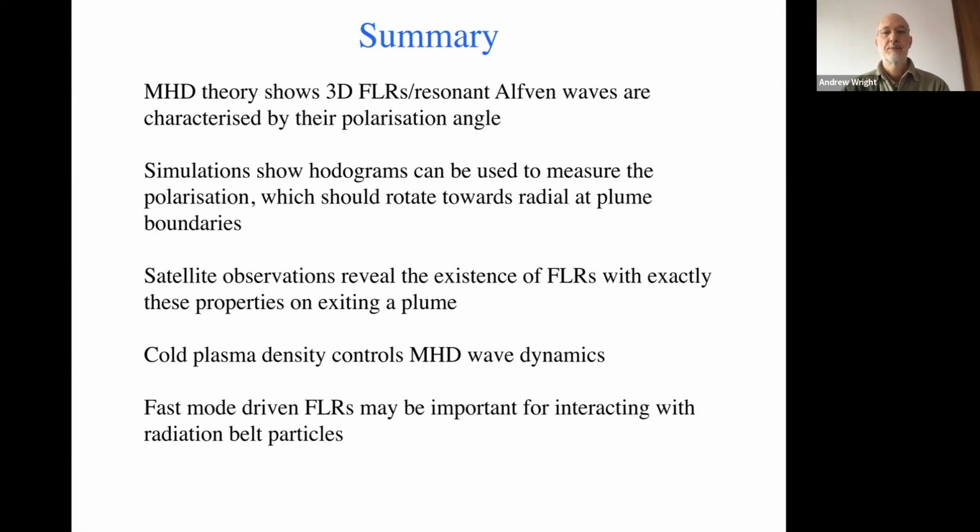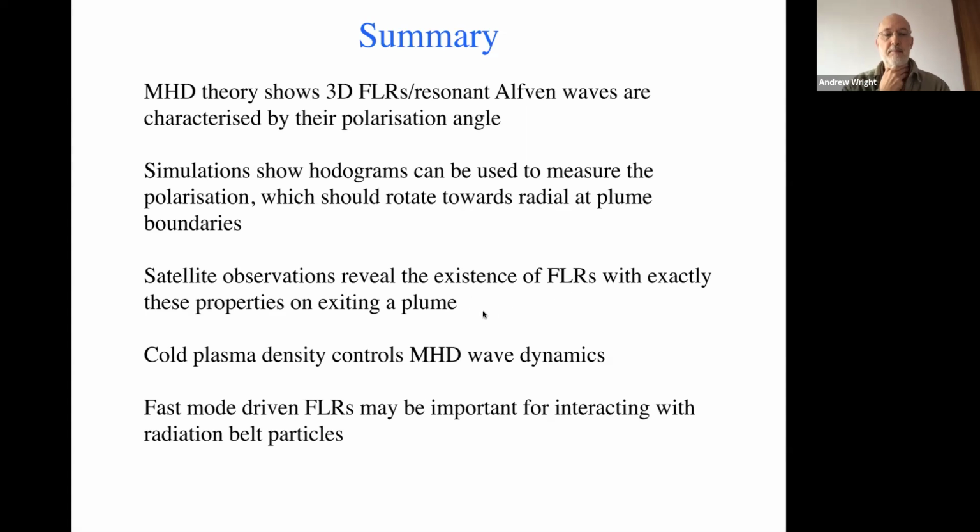We've shown how hodograms can be used to show the importance of the 3D nature of the equilibrium in coupling of fast waves to Alfven waves. And satellite observations reveal the existence of field line resonances with exactly these properties on exiting a Plume, where there's no way you can use 2D theory. It's got to be a 3D analysis.